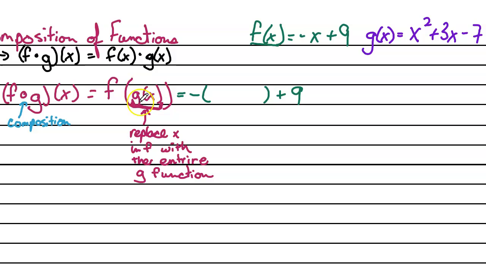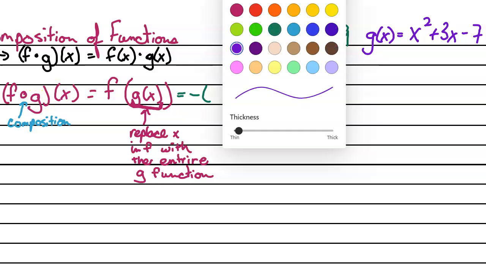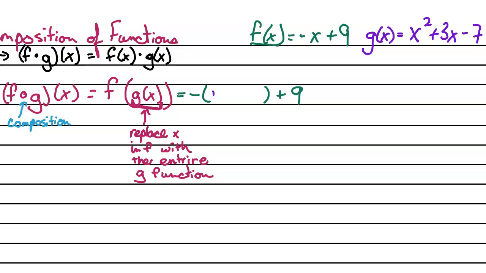So you start writing down your first function, and this open circle means leave an open place for all your x's. And in those places, we're going to put this item right here. So I'm going to plug in that g of x for that other x that was right here.